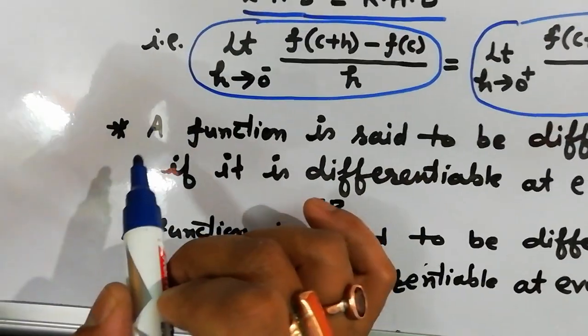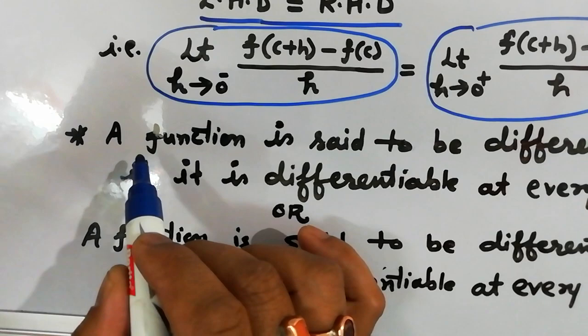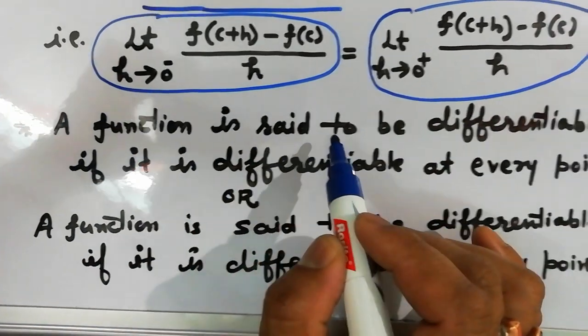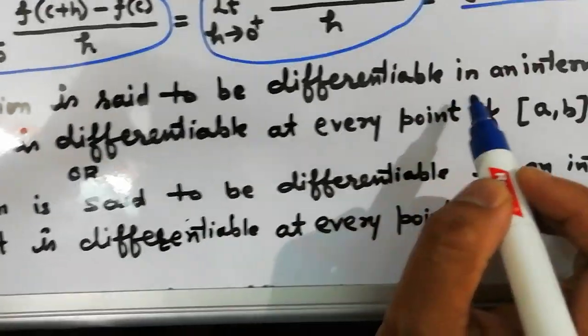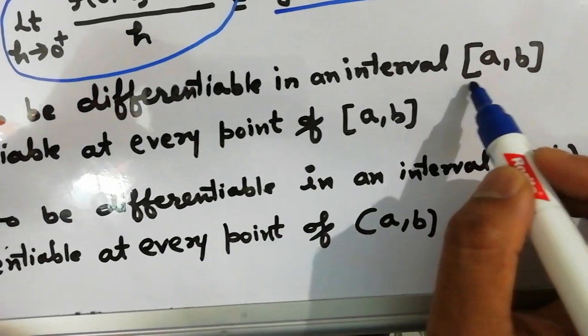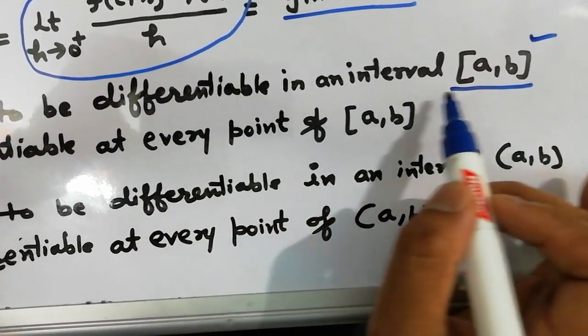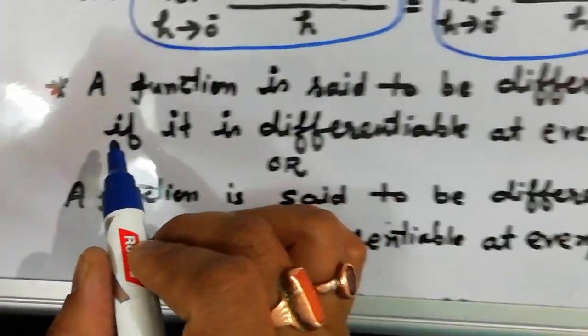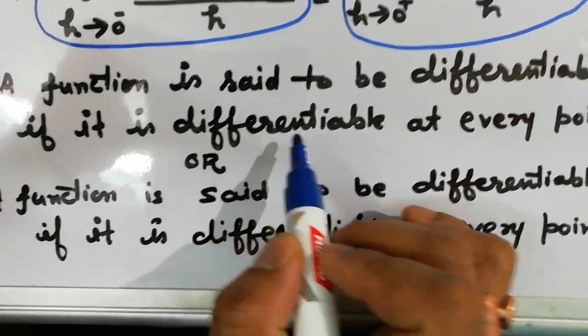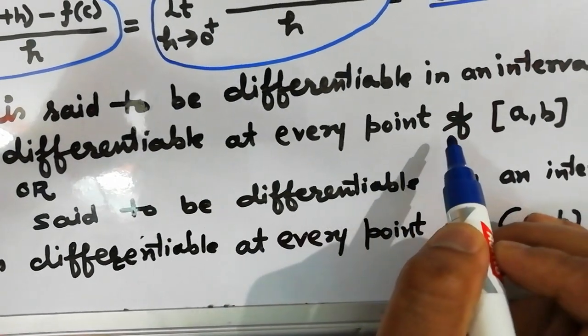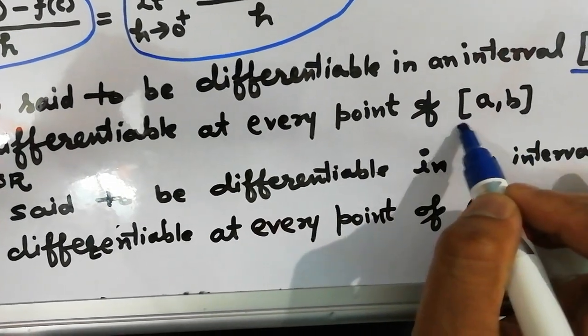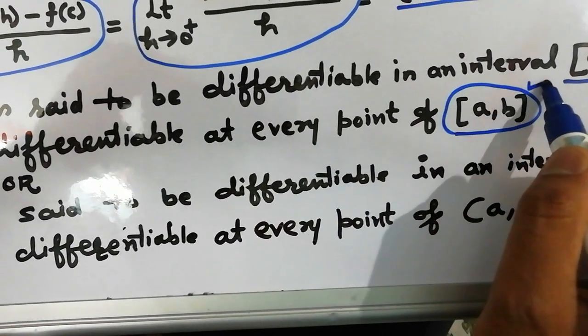Okay, now the next point: a function is said to be differentiable in an interval. If we are considering the closed interval AB, any function is said to be differentiable in the closed interval if it is differentiable at every point of the closed interval AB.